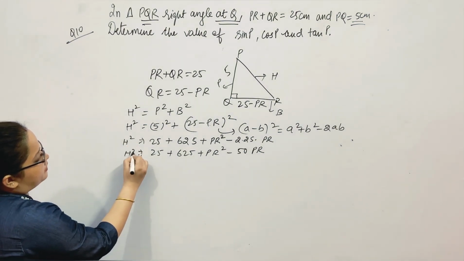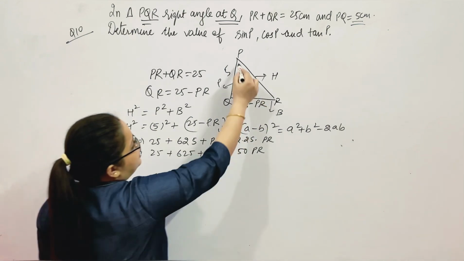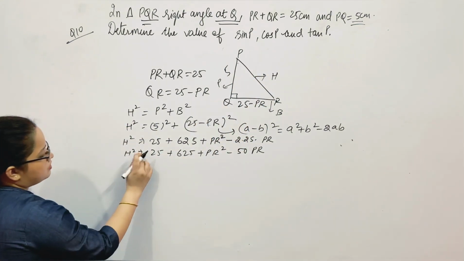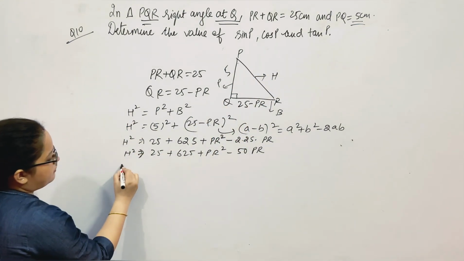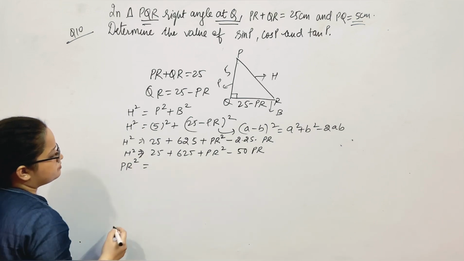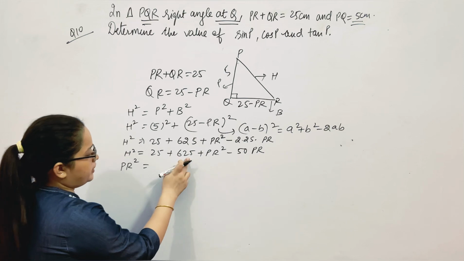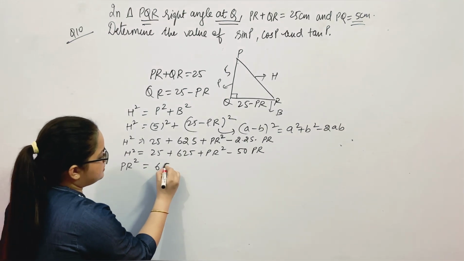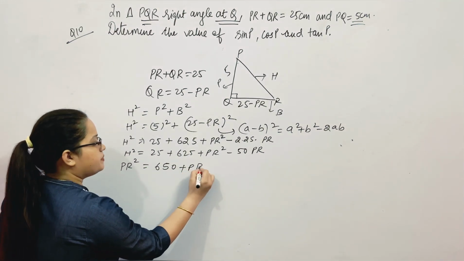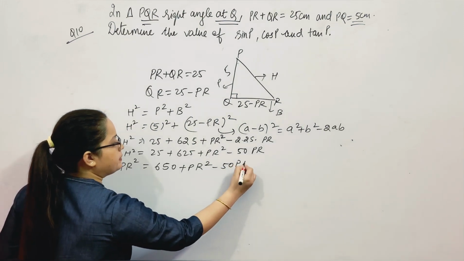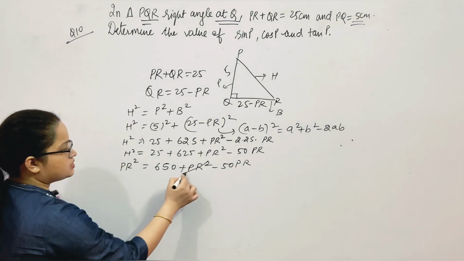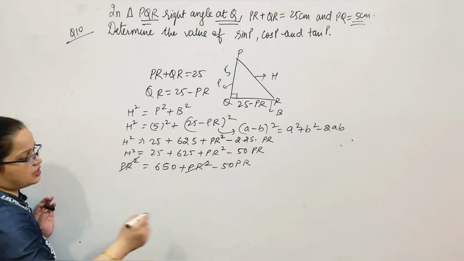Is equals to h square. And now what is h? H is also PR. So I'll just replace the value of h as PR. 625 plus 25, that means 650 plus of PR square minus of 50 PR. PR square will get cancel out.